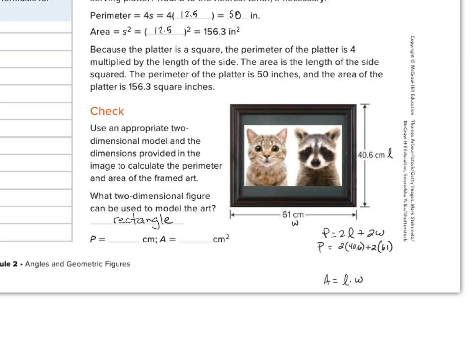And then for my area, I have 40.6 times 61. So that's how we would come up with that information. So again, units, so we would just have centimeters for the perimeter, and then we would have centimeters squared for the area.